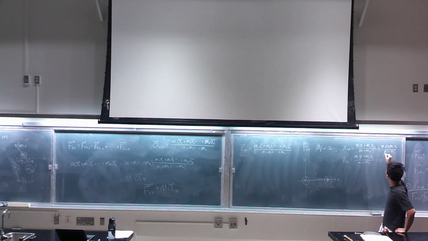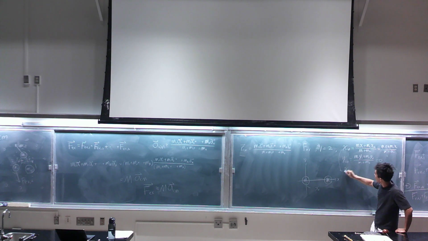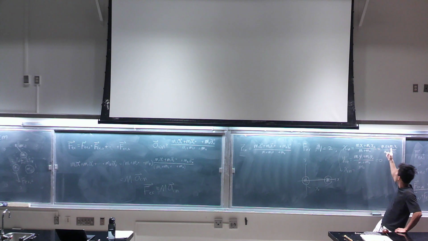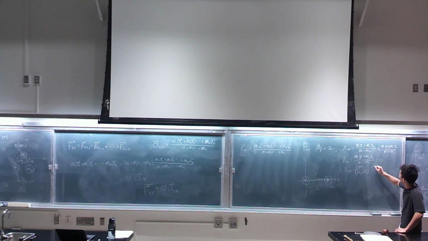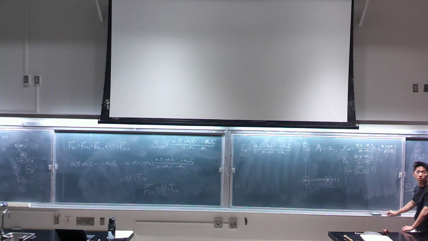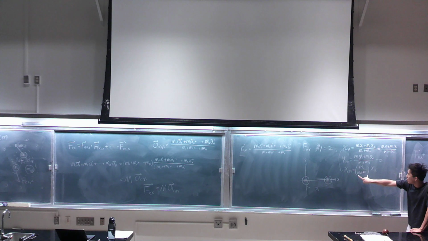So you get the x position of the center of mass will be m2 divided by the sum of their masses times the position of the second particle. Now, this is just a ratio. This is a number. Is this number bigger than 1 or smaller than 1?